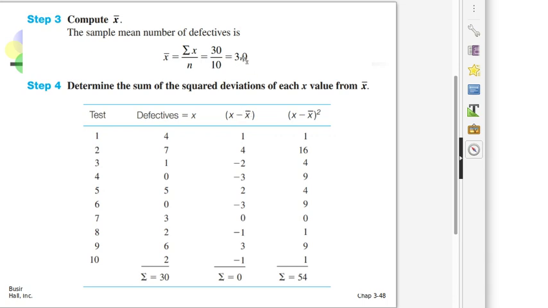The mean is 3, so 4 minus 3 is 1, 7 minus 3 is 4, 1 minus 3 is negative 2, 0 minus 3 is negative 3, 5 minus 3 is 2, 0 minus 3 is negative 3, 3 minus 3 is 0, 2 minus the mean 3 is negative 1, 6 minus 3 is 3, and 2 minus 3 is negative 1.